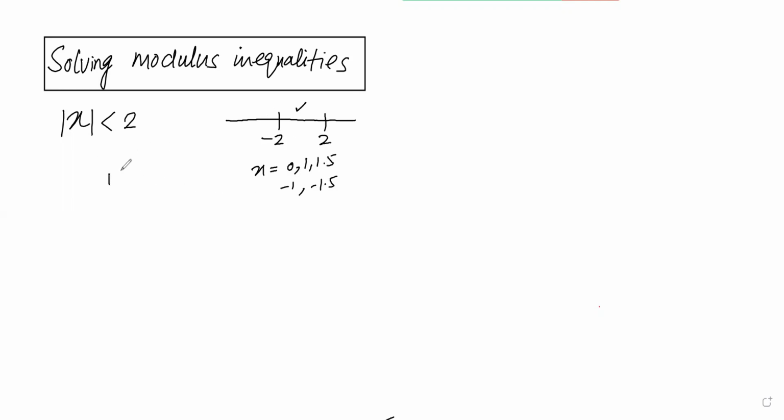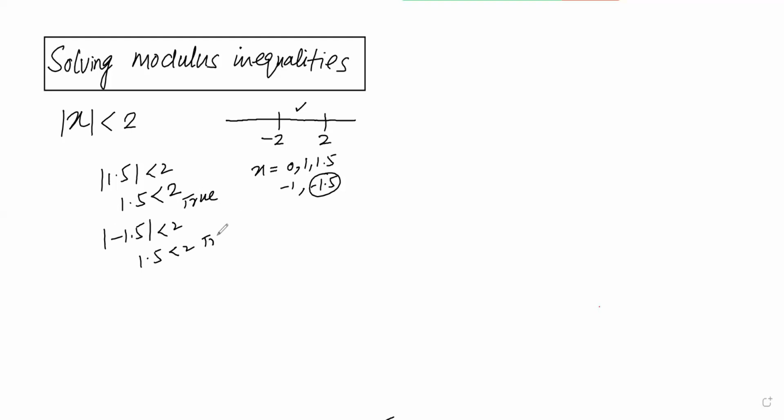You can verify 1.5. If x is 1.5, yes, modulus of 1.5 is 1.5, which is less than 2. This is true. Again, if you check -1.5, modulus of -1.5, is it less than 2? Just verify. Yes, this is less than 2. Again, true.